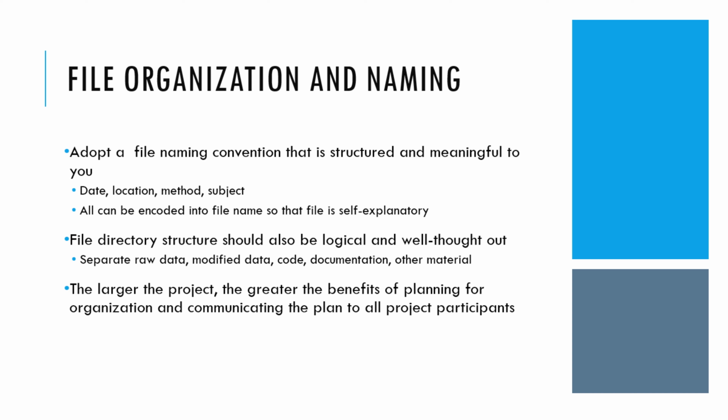So at the beginning, it's nice to have a file naming convention that's structured, meaningful, that includes in the file name things like the date of collection, the location, the method used, the subject of the collection, so that you're not relying on other secondary metadata or secondary folder organization or secondary file timestamps that might be changed, that are all things that might be encoded into the file name itself.